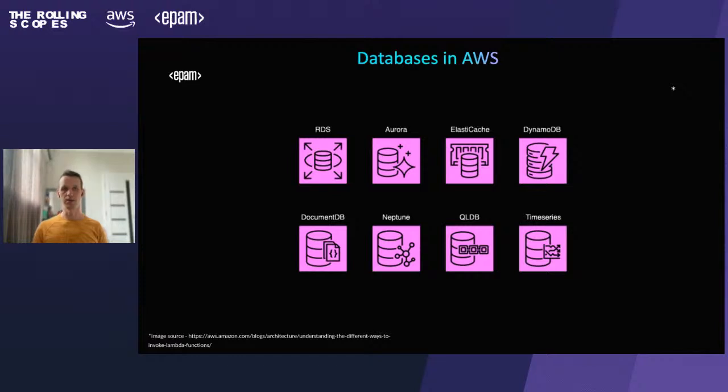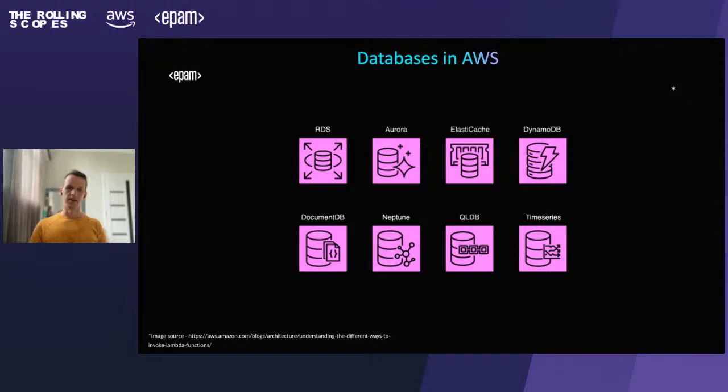Also, AWS provides quite convenient ways to replicate our databases, not only inside one AZ but across different regions. It makes it quite easy to scale our application from one region, for example, to another, if we have customers from around the world.